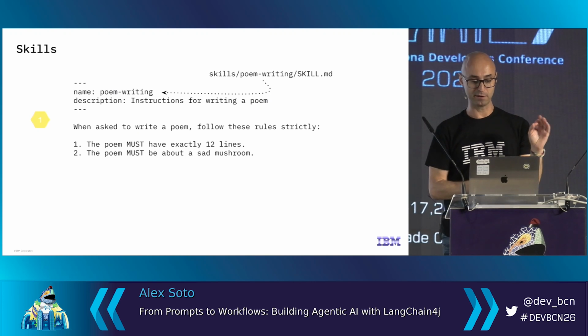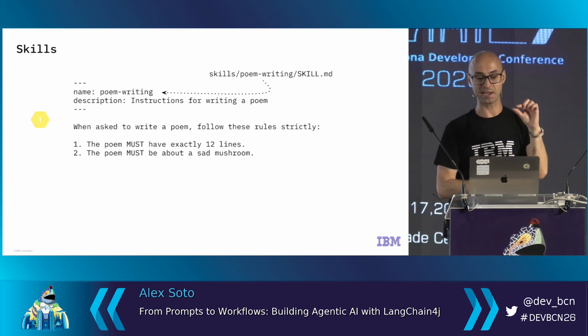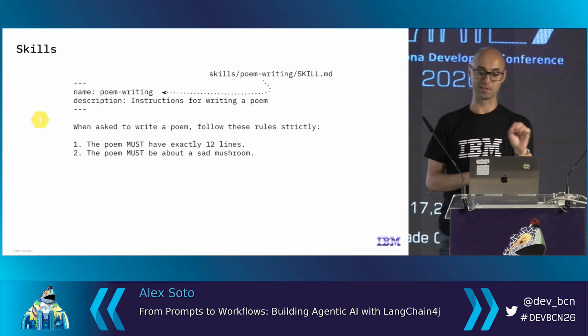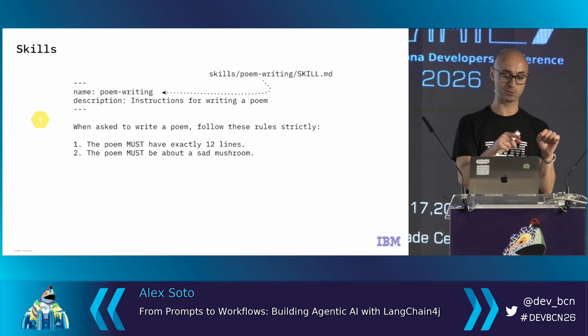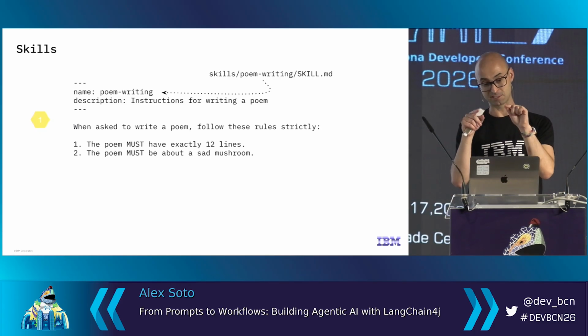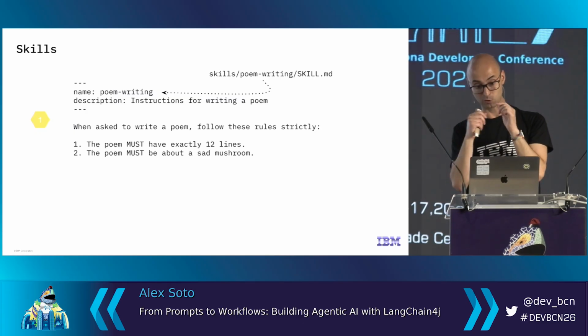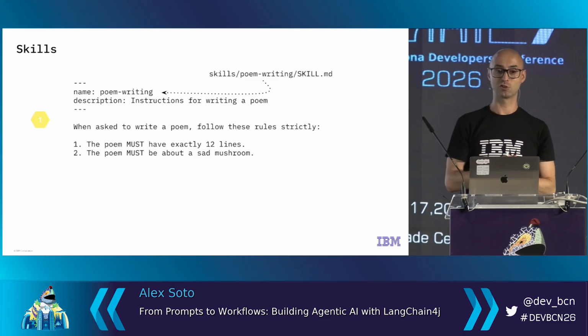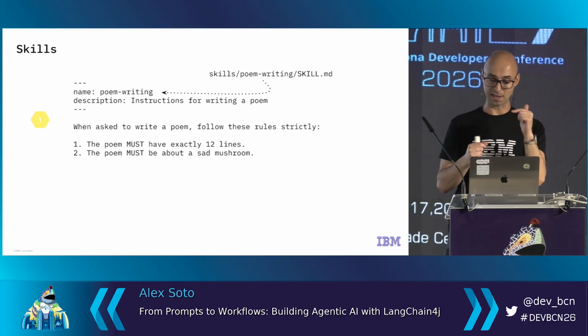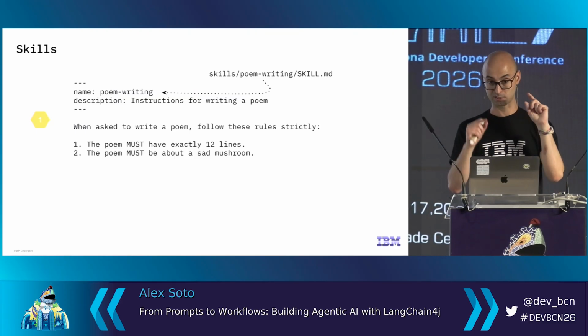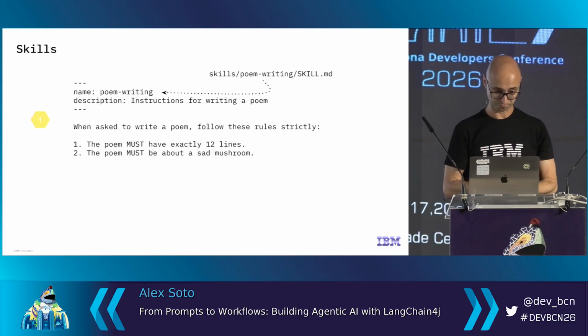What is important here is that this is the metadata, and the name should match a folder with the same name, right? So if the name is poem writing, then inside skills, which is the default folder, it needs to be in a poem writing folder. If not, it's not going to work. As I said, by default, you put all the skills into a skills folder, but this is configurable.